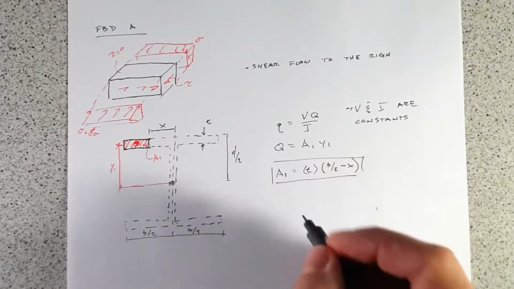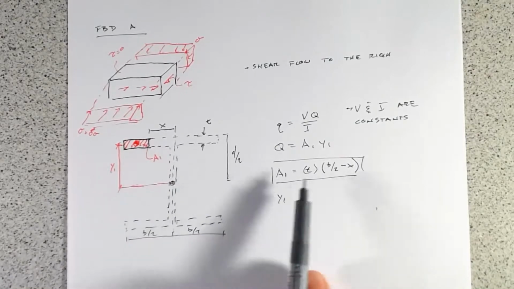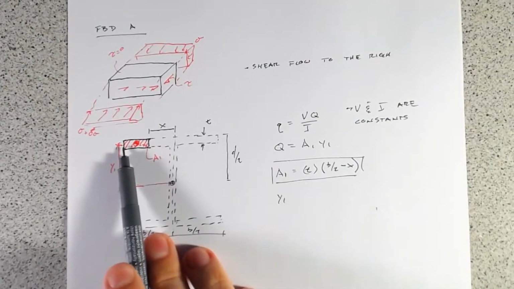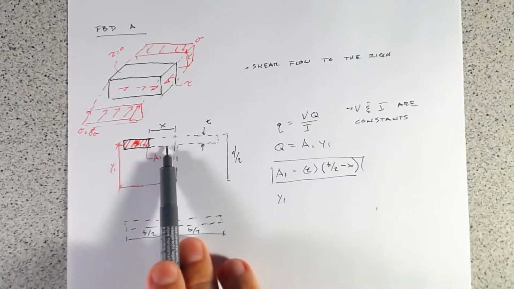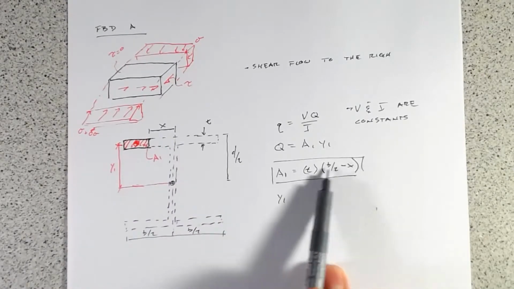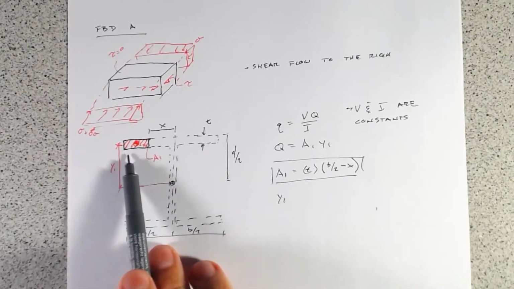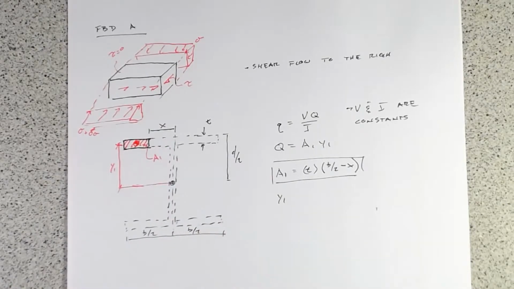You can see how A1 will get bigger as we move closer and closer to the center, till eventually, when x equals 0, A1 is just going to be the thickness T times B over 2. But how does Y1 change?